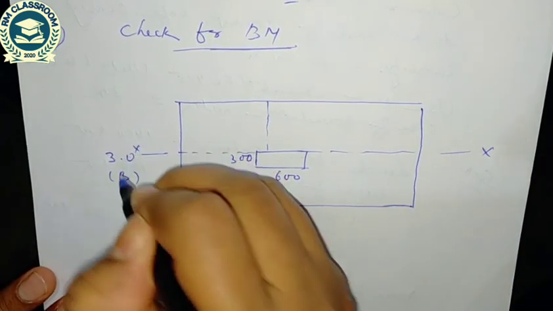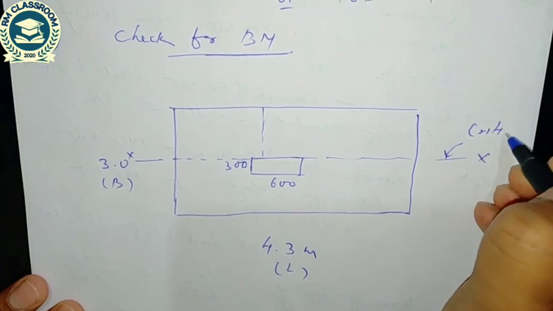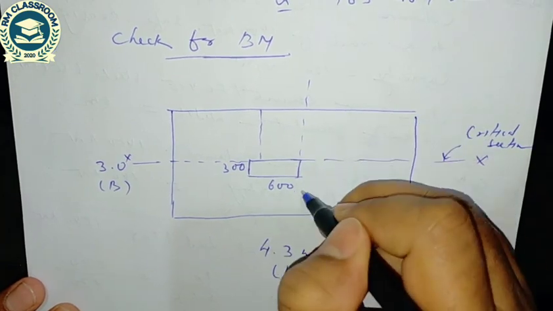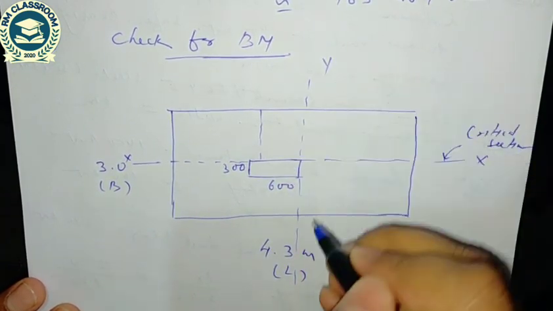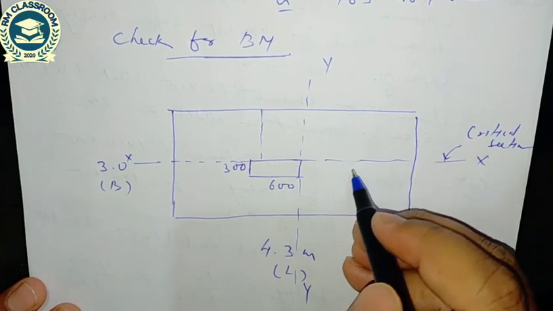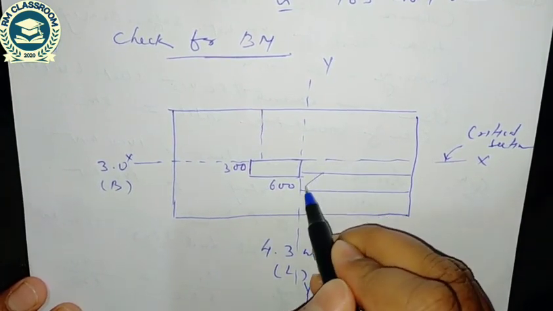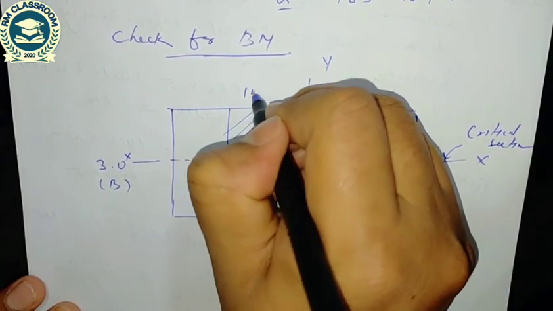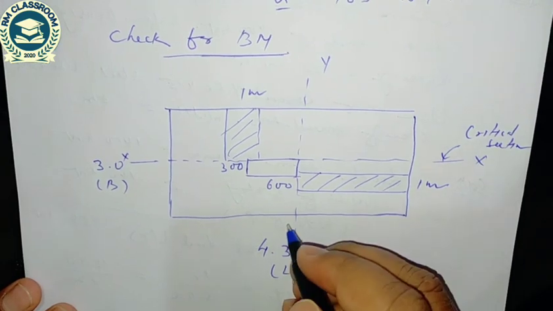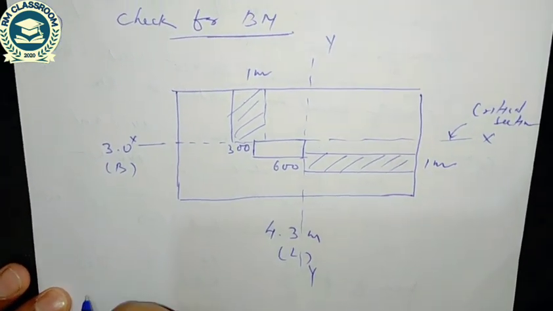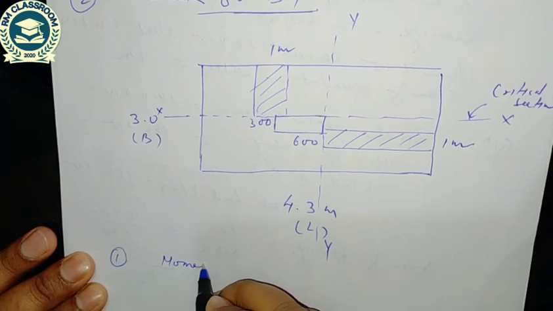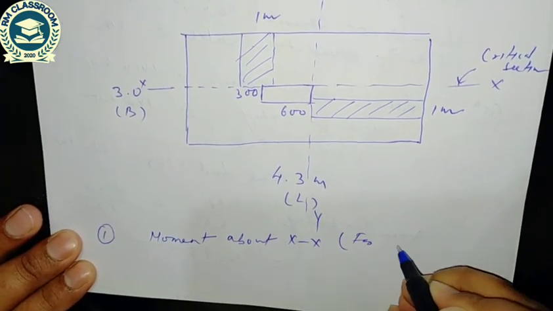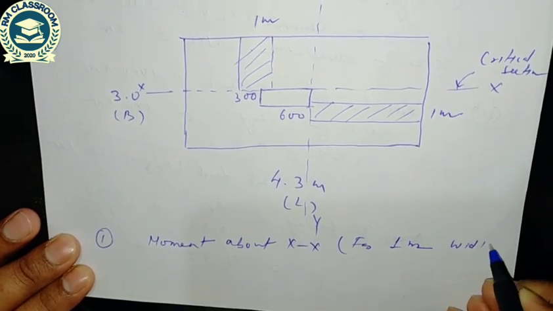This is critical section. Another critical section is this. So if I take overhang portion for 1 meter, this is also 1 meter. So we can compute moment about XX for 1 meter width.